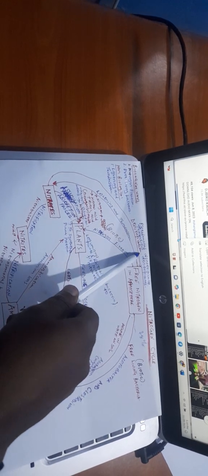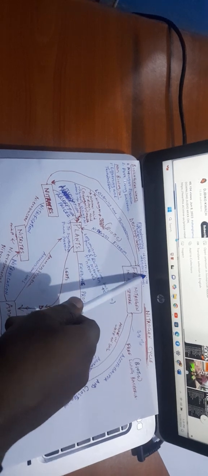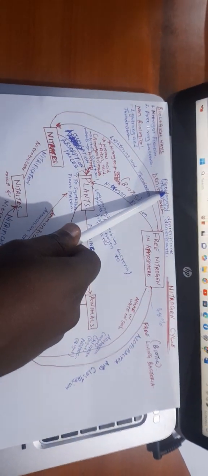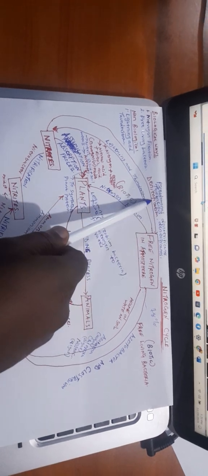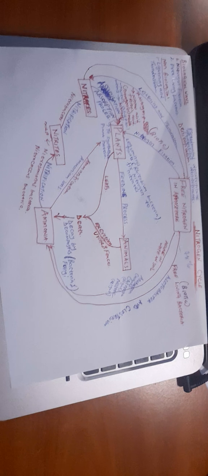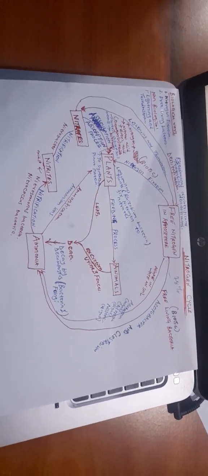What bacteria will it be using? Pseudomonas denitrificans and Thiobacillus denitrificans. And this is the end of the nitrogen cycle process.